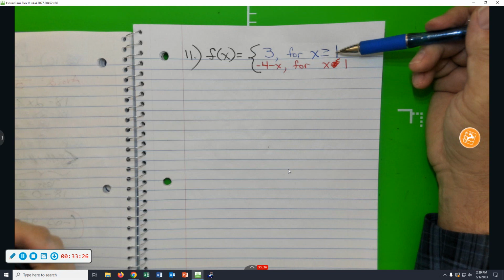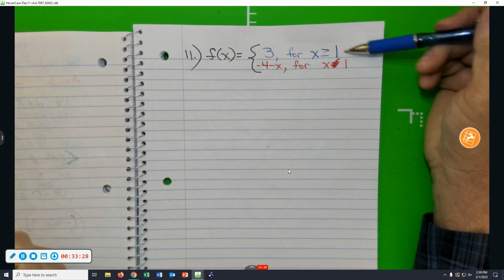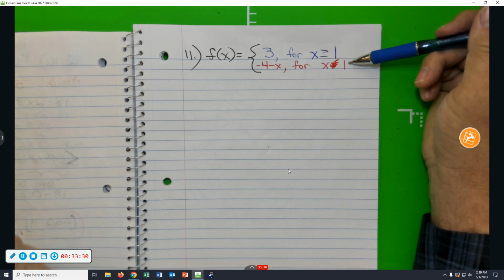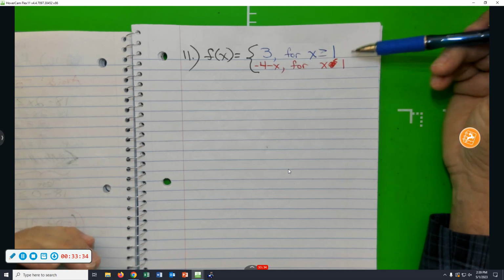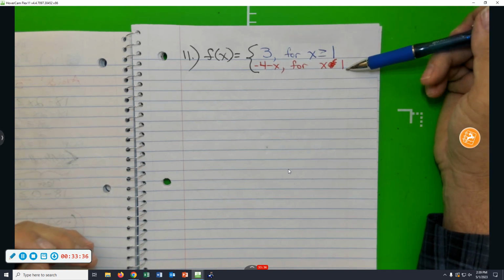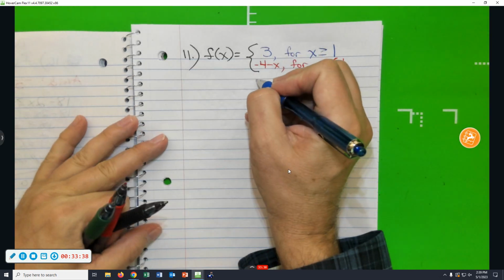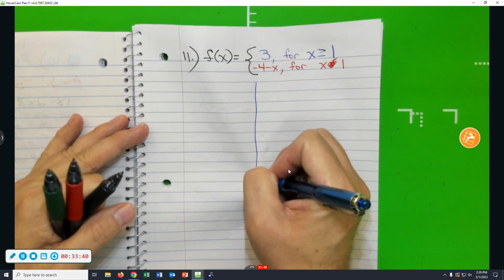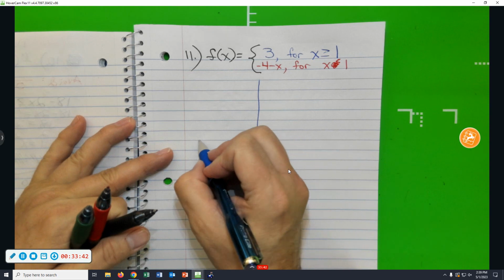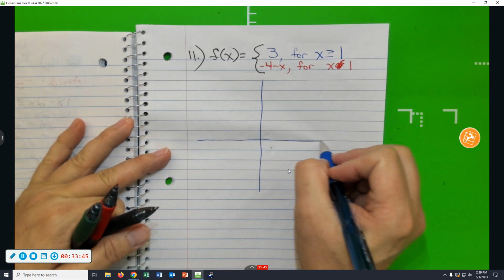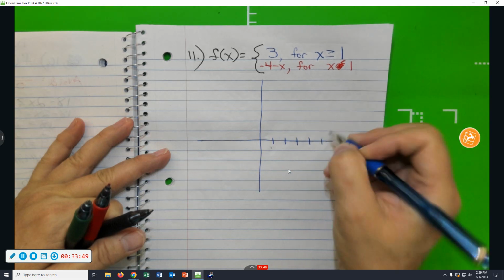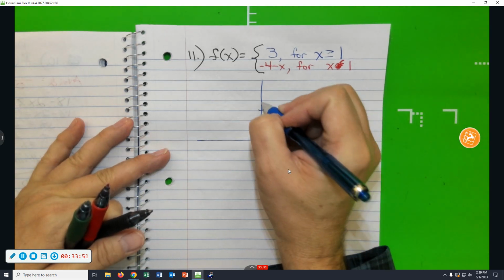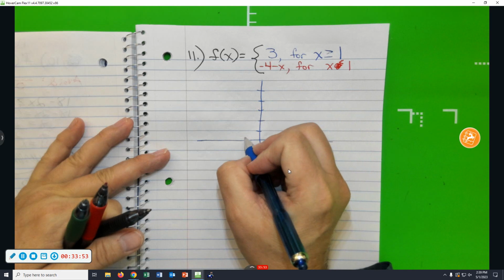I'd call the numbers that appear in the inequality cut points. The blue graph is going to change to the red graph at 1 on the x-axis. So when you draw that xy grid, here's your xy grid.